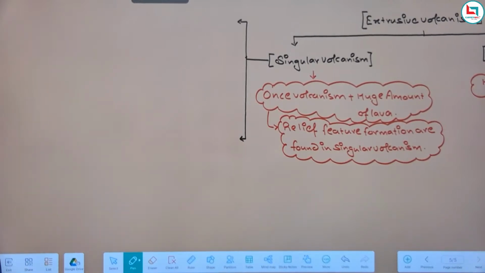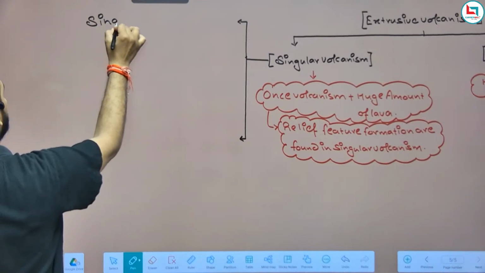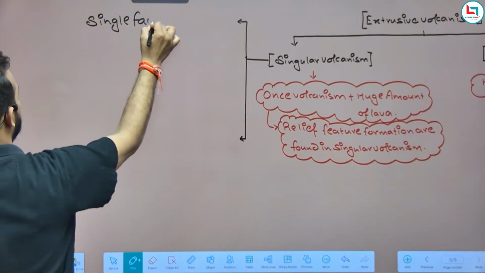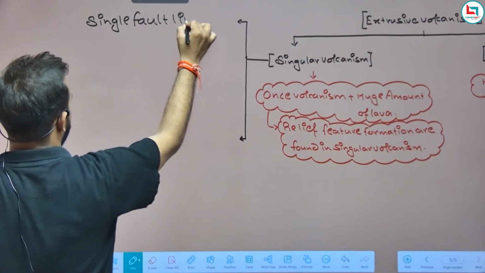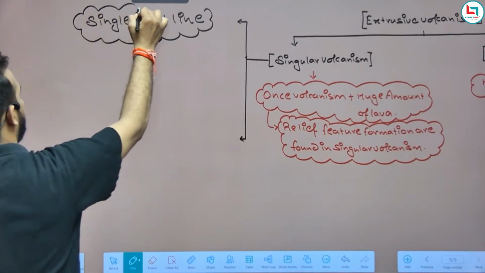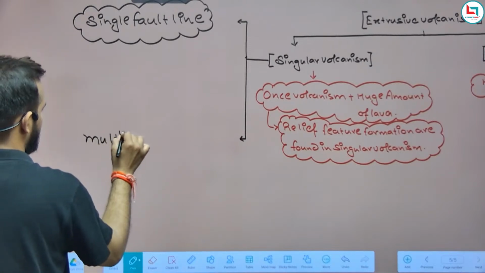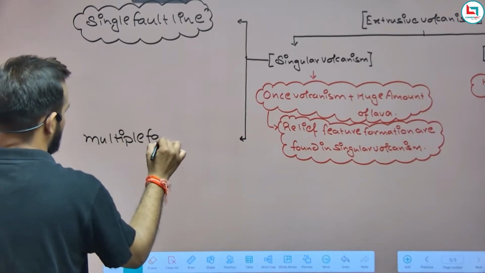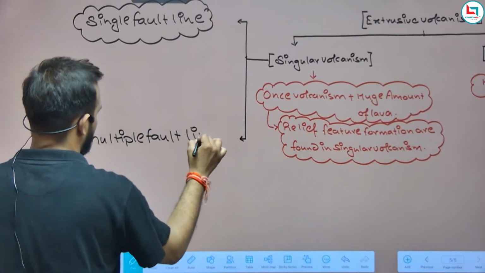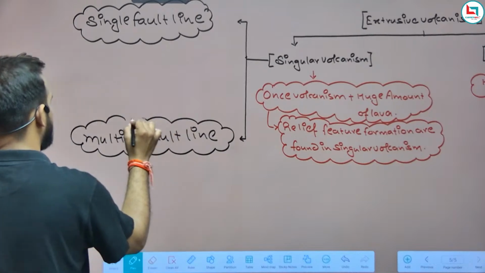In singular volcanism we have two situations: we could have a single fault line, and we could have multiple fault lines. So these two cases could be possible.